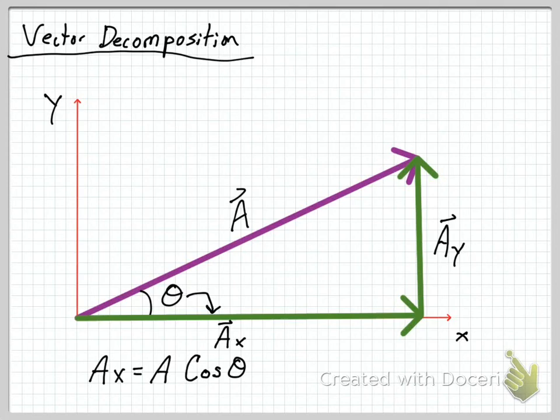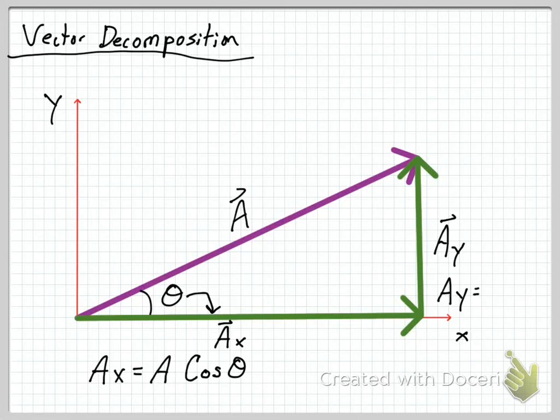Now let's imagine that we want to solve for the magnitude of the vector ay, this side over here. Well, similarly, we're dealing with the side opposite the angle theta that we were given. So again, think back to your trig class.